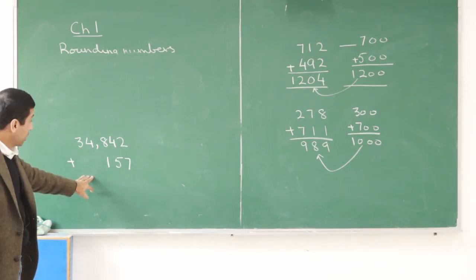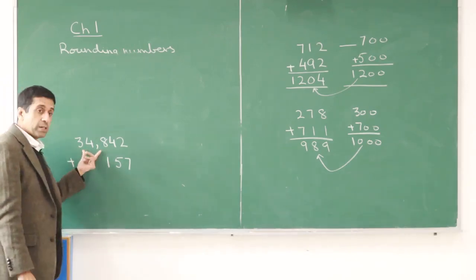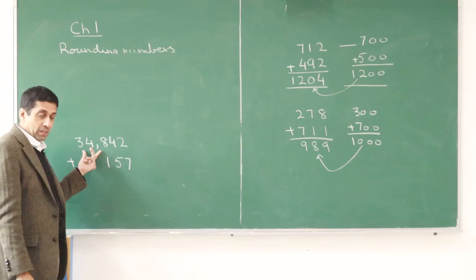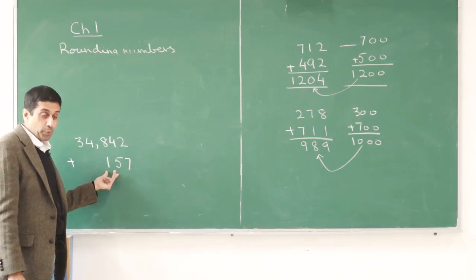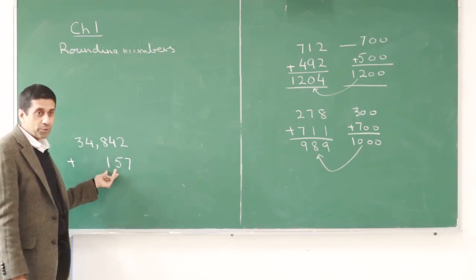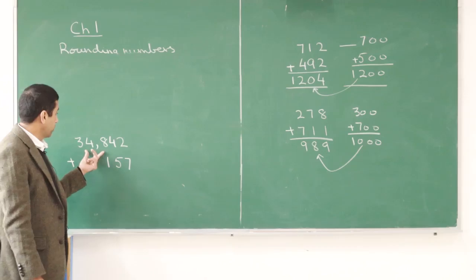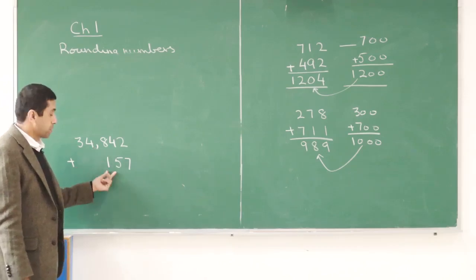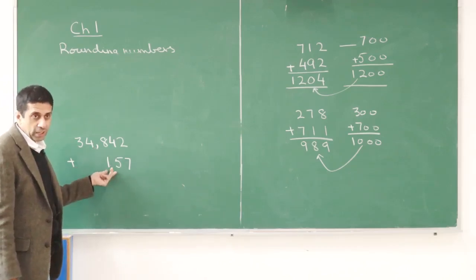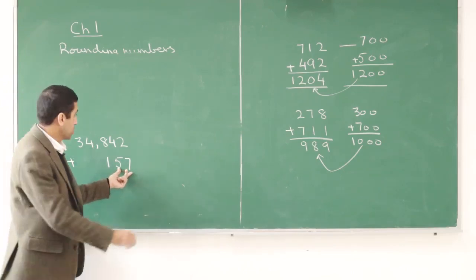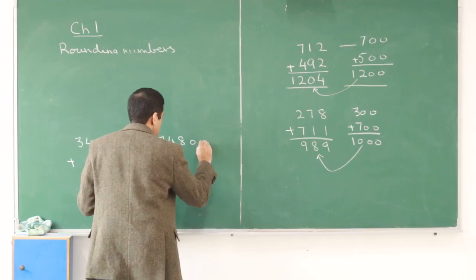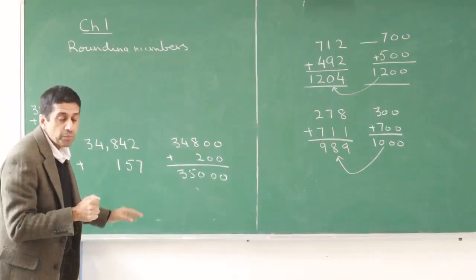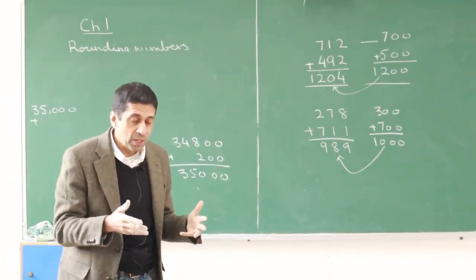You could either do it as 348 hundreds plus 2 hundreds, which would be 350 hundreds, with 2 zeros coming in. So this would be equal to 348 hundreds plus that we're trying to estimate to the nearest 1,000.